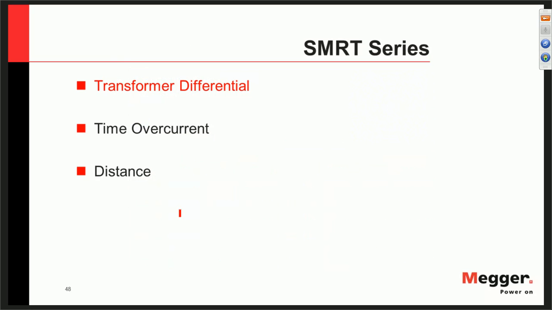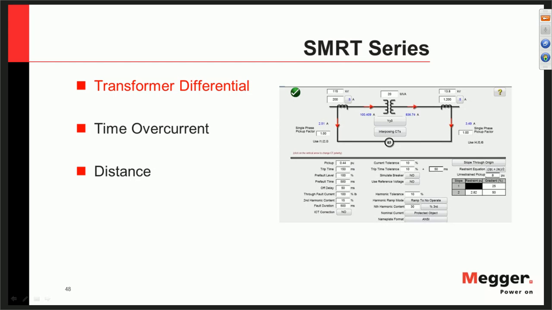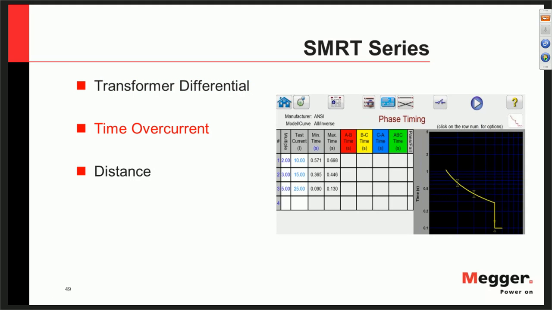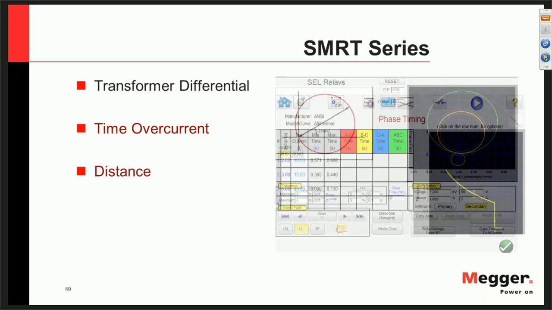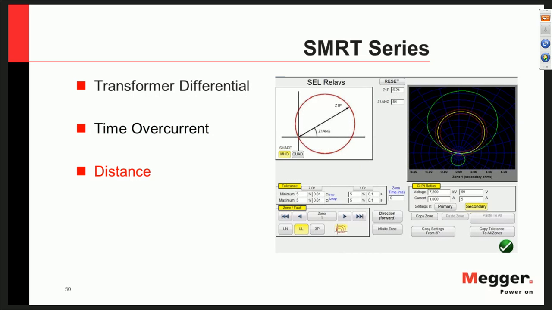I covered transformer differential and time overcurrent, and did not cover distance, but we do have a solution for that. If you want to test transformer differential, we have dedicated screens for them in the software. We have time overcurrent screens where you can see the curves and everything, and distance screens like that to test those elements. We do have that feature in our software.